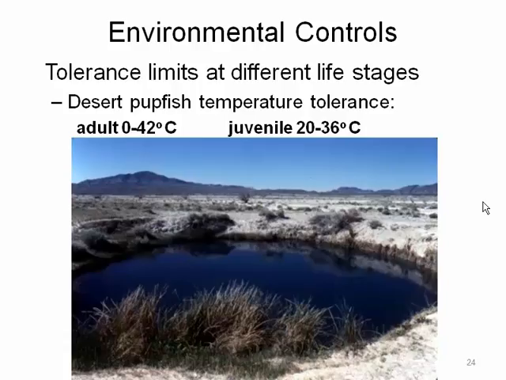And then as their physiological systems grow and develop, they're able to thermoregulate and withstand heat and cold much better. So environmental controls and the range of tolerance and the limiting factors play out both at the juvenile stage, as far as reproductive success or post-reproductive success, all the way up through the survival and reproduction of the adults.